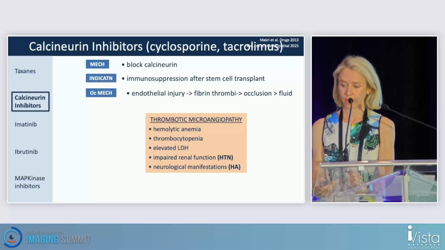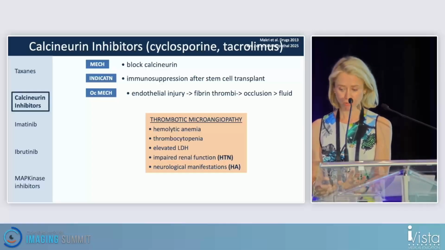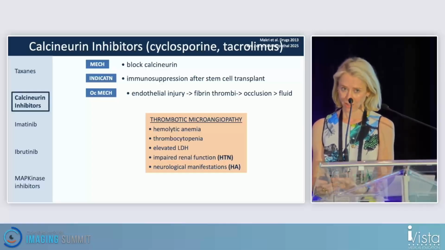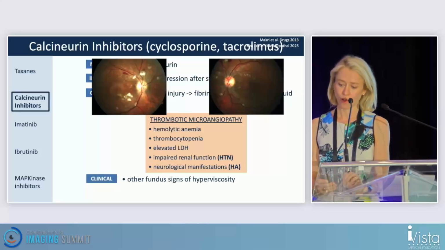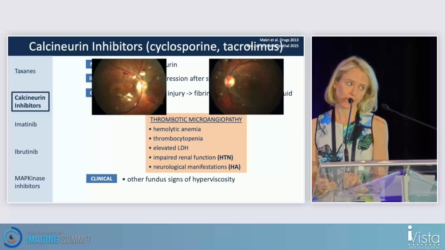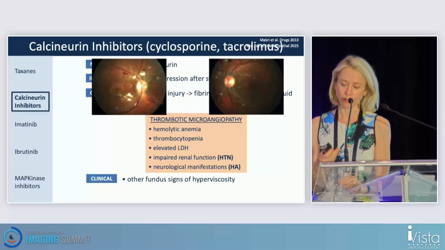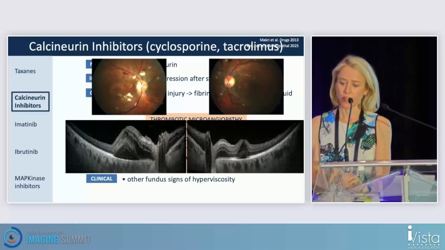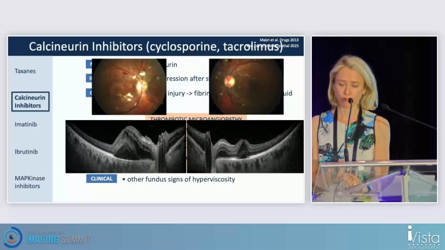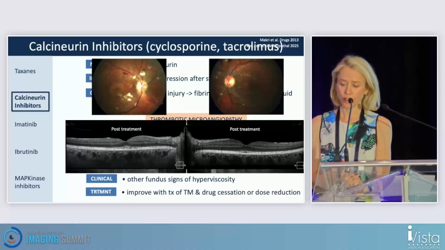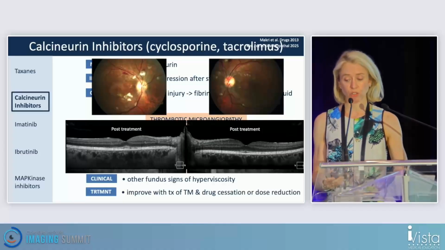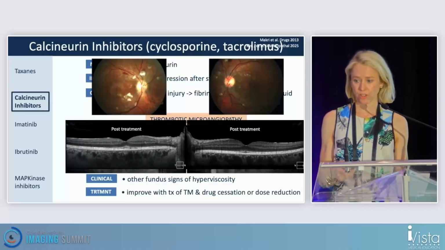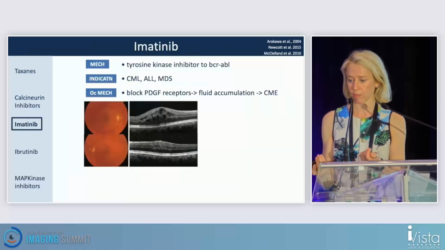The reason I bring that up is that if a patient has high blood pressure in coordination with a headache and findings of hyperviscosity in the back of their eyes, you want to think about a thrombotic microangiopathy. This is what it can look like on OCT, so intraretinal, subretinal fluid. And if you treat the thrombotic microangiopathy with supportive measures and you stop the drug, you can reverse those findings as shown here in this patient.